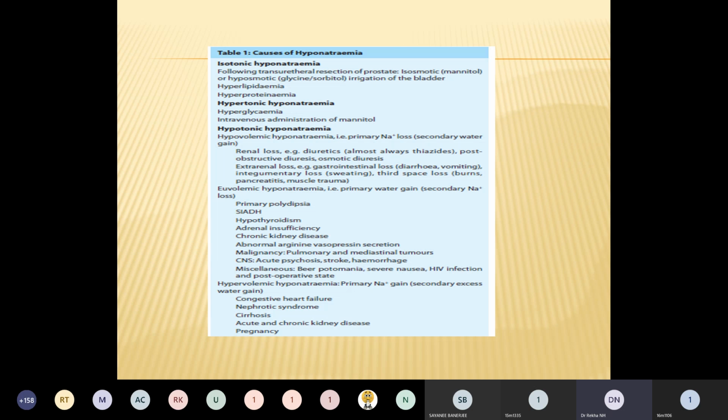Coming to hypervolemic hyponatremia, that is a primary sodium gain, with more water gain than sodium. Usually it occurs in patients with congestive heart failure, nephrotic syndrome, cirrhosis and pregnancy.